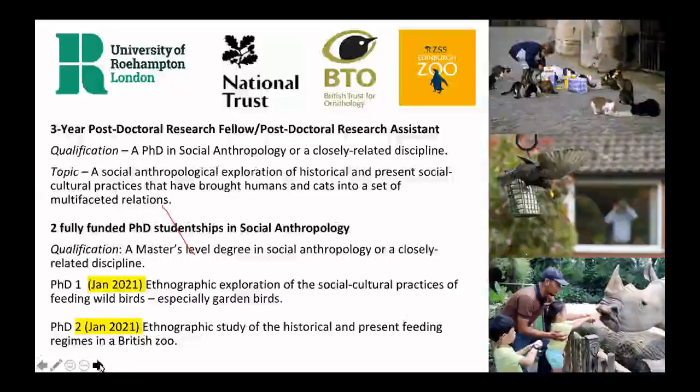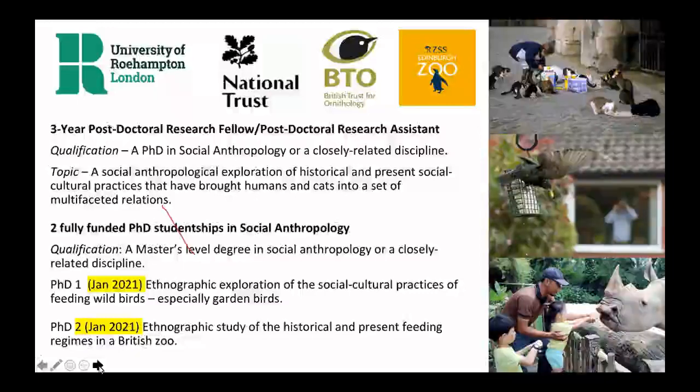It will be at Edinburgh Zoo because Edinburgh Zoo are open to having an ethnographer there. So what we get with that one is engaging with the nutritionists there, hanging around with the visitors, talking to the keepers, etc.